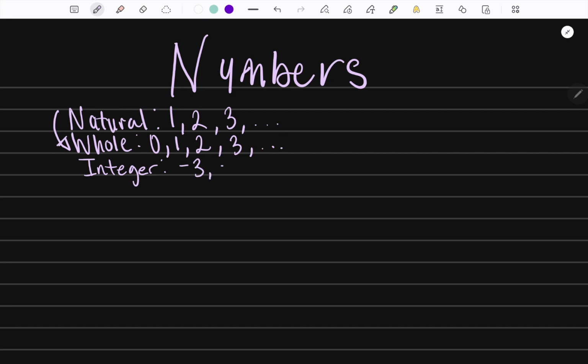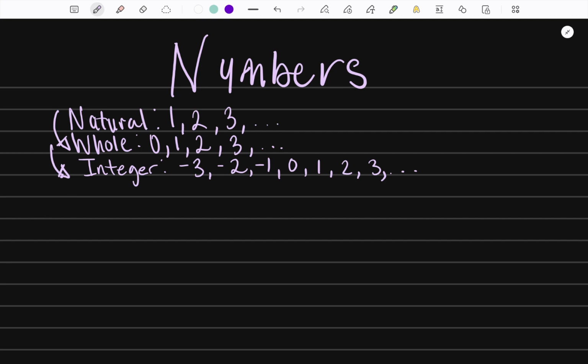So -3, -2, -1, 0, 1, 2, 3, and so forth. Because integers is a set of whole numbers, which also include natural numbers.